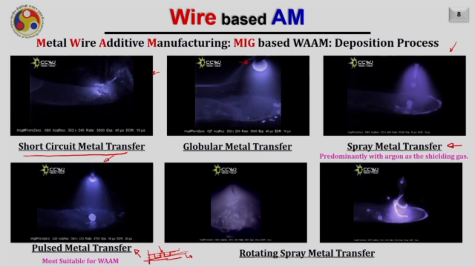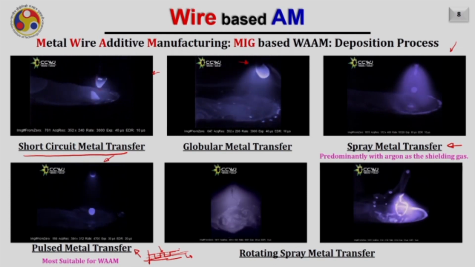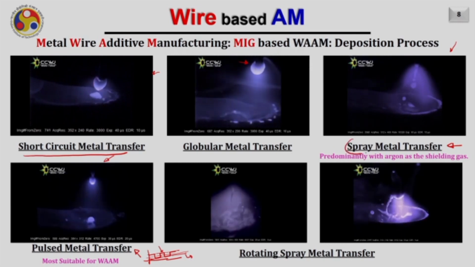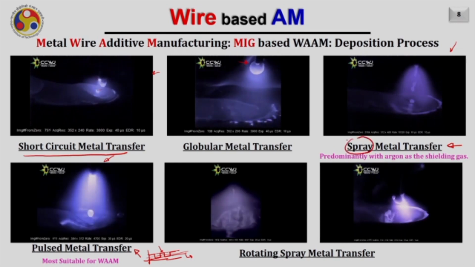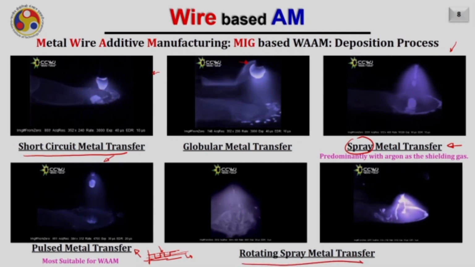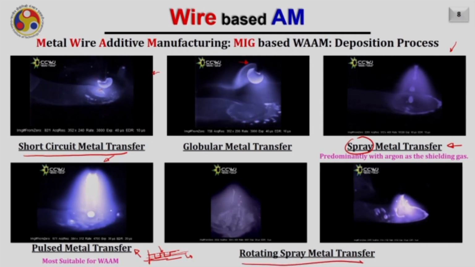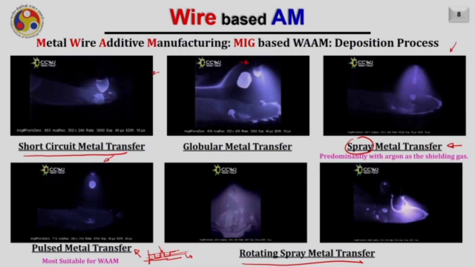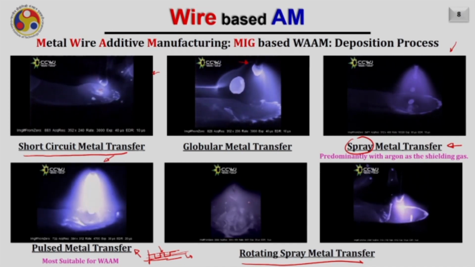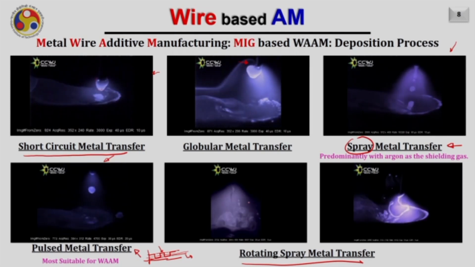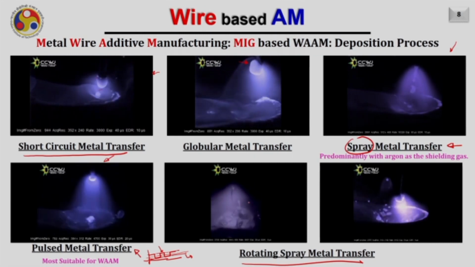Further, if you increase the value of current from the spray metal transfer, the other mode of metal transfer is rotating spray metal transfer. In this case, the electromagnetic forces are more dominating, and as you can see, the metal is transferring while rotating, and hence transferring the material in a spiral manner towards the molten pool.